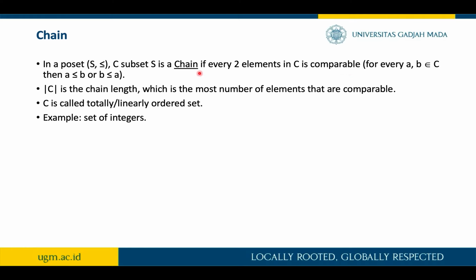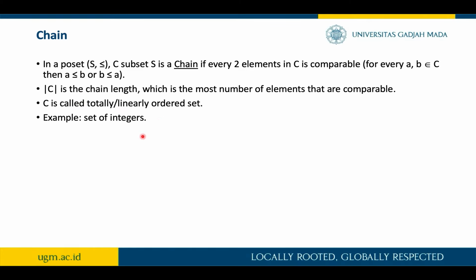A chain is a subset C of S in which every two elements in C are comparable. So we can always compare two elements. We also have chain length, which is the largest number of elements that are comparable in C. And a chain here is called a totally or linearly ordered set. So it's not a partially ordered set like in a poset. It is called a totally or linearly ordered set.